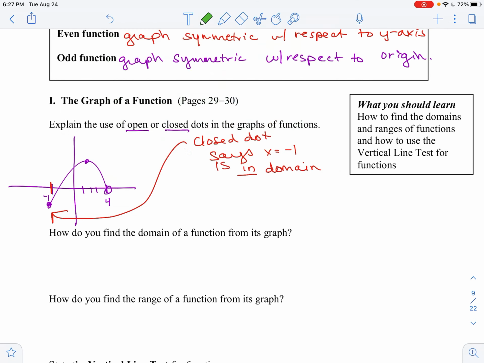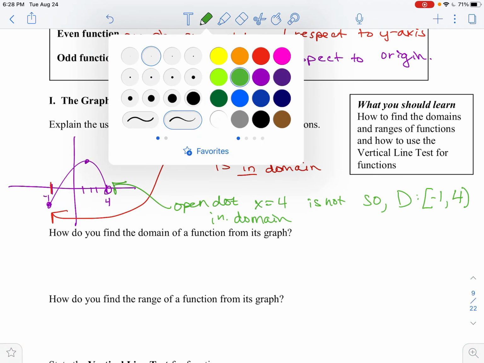And this open dot tells me that its x value of 4 is not in the domain. So the domain starts from -1, which is included, up to 4, which is the end of the domain, but it's not including 4.